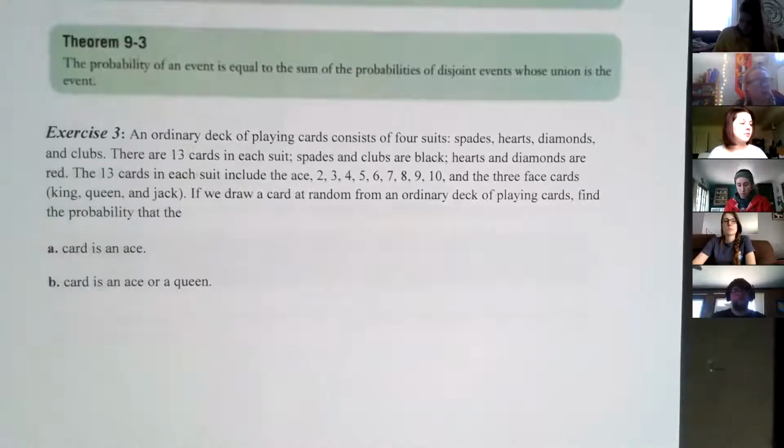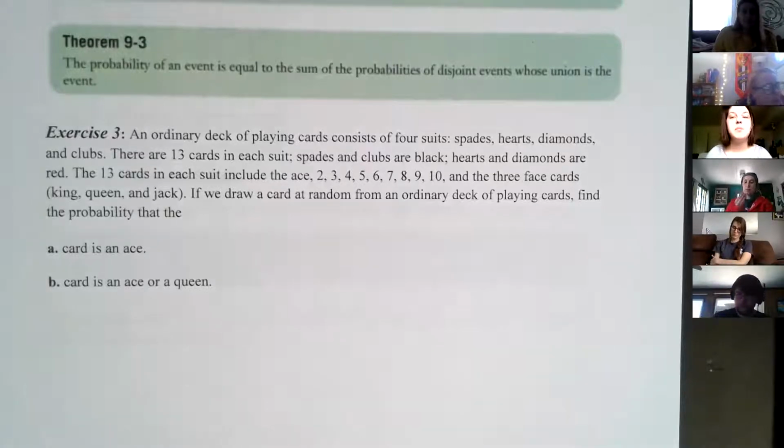There's 13 cards in each suit, including the ace, 2, 3, 4, 5, 6, 7, 8, 9, and then the face cards, king, queen, and jack. Does that all sound familiar? So we all know what I'm talking about. Does anybody not know what I'm talking about? I will take your silence as we're good.